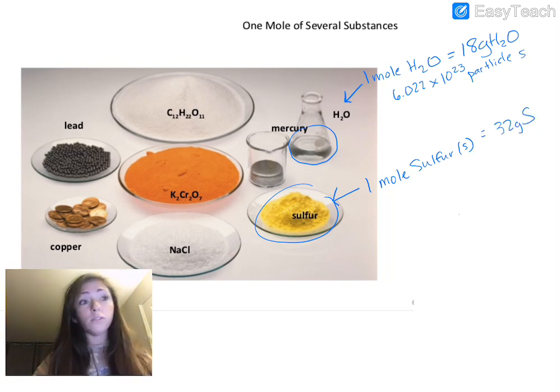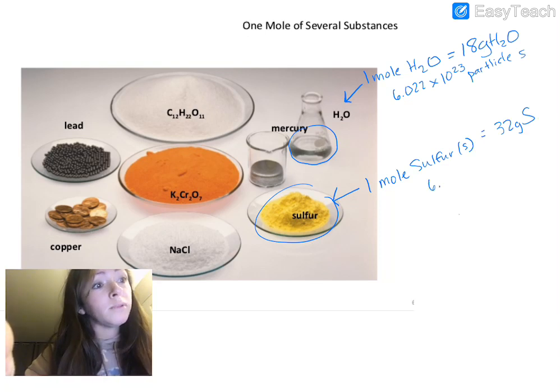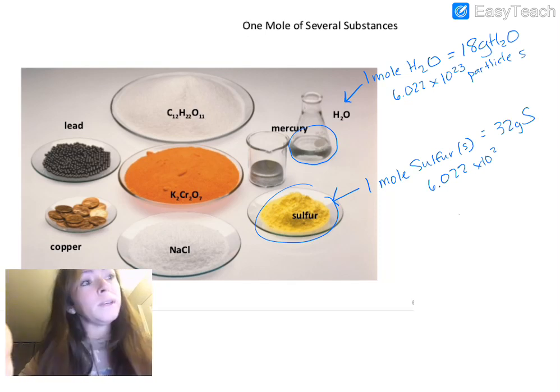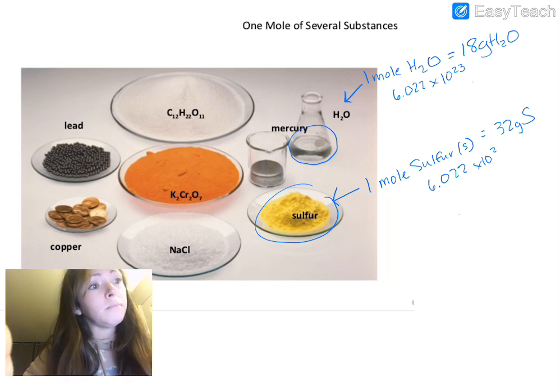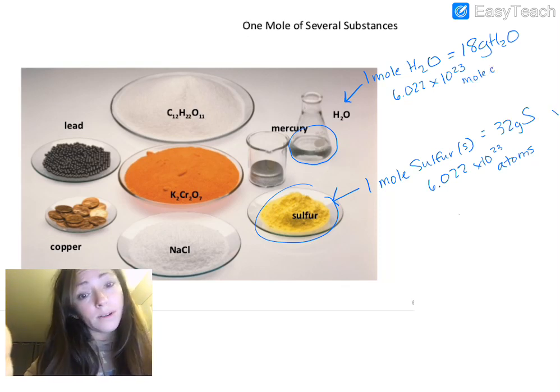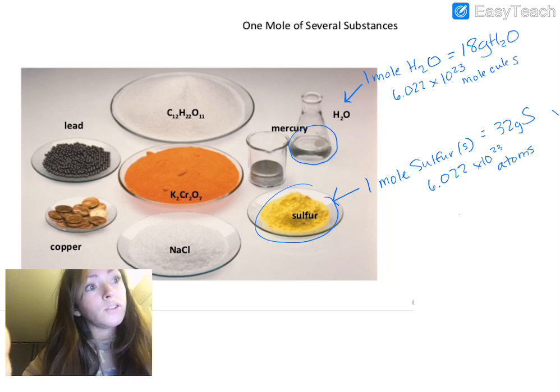So 1 mole of sulfur weighs 32 grams of sulfur, which would be 6.022 times 10 to the 23rd particles of sulfur. Now, instead of putting particles, we can be more specific, okay, for each of these. This is going to be atoms of sulfur. This is going to be molecules of water, because water is a compound, okay?